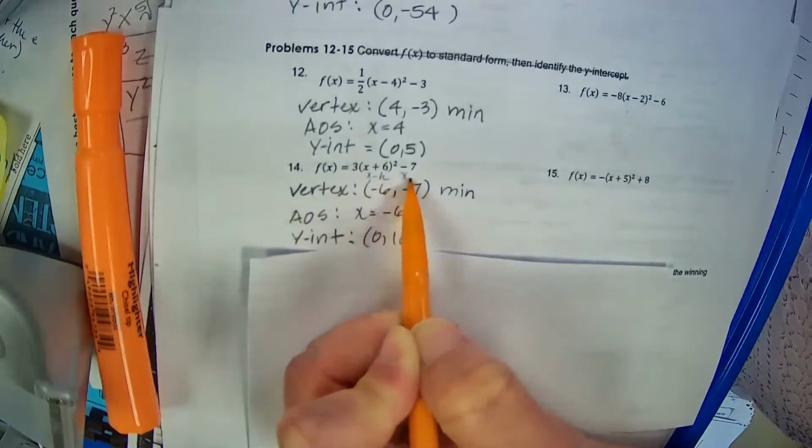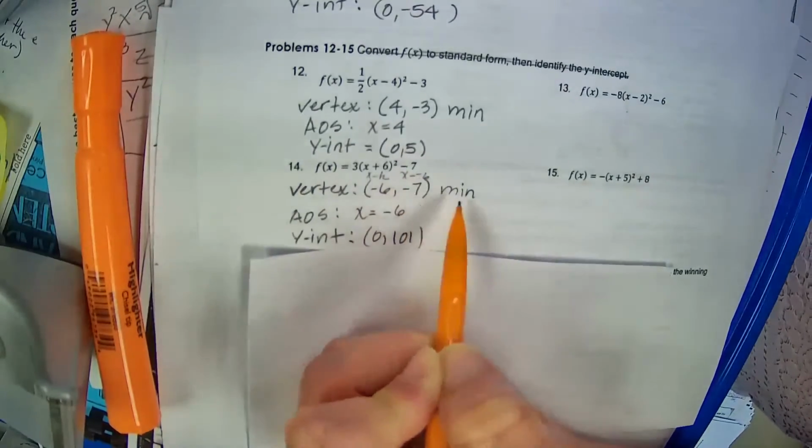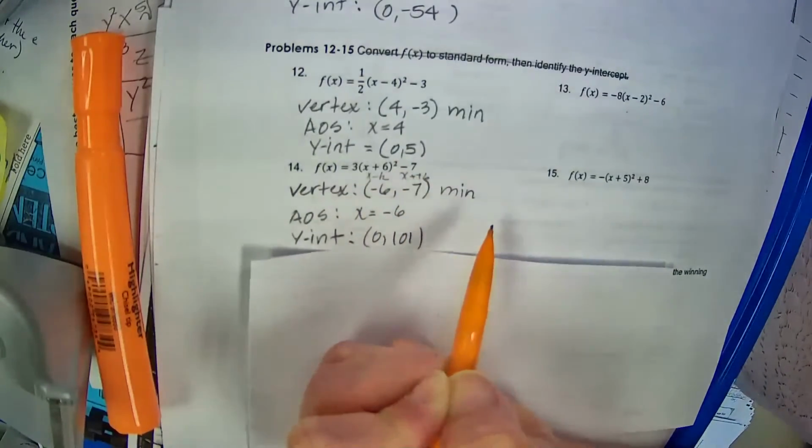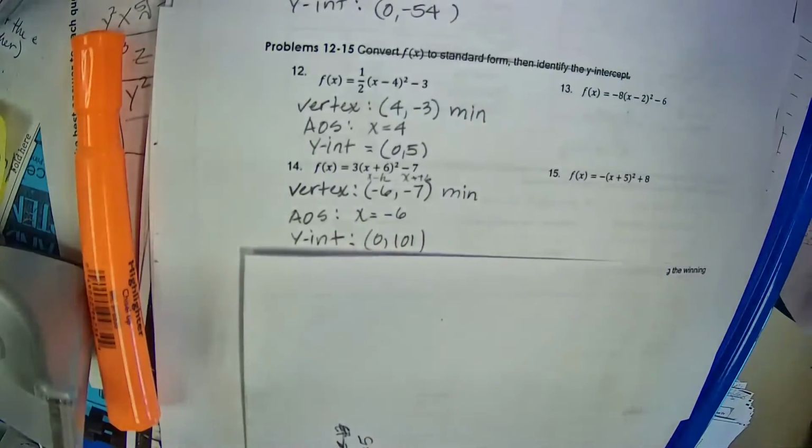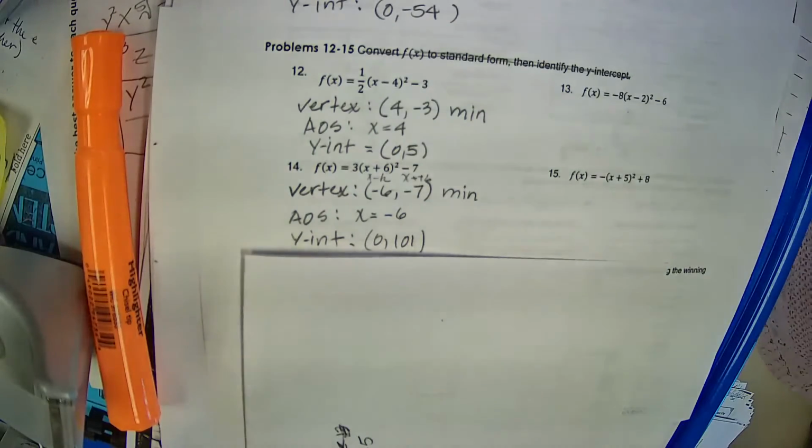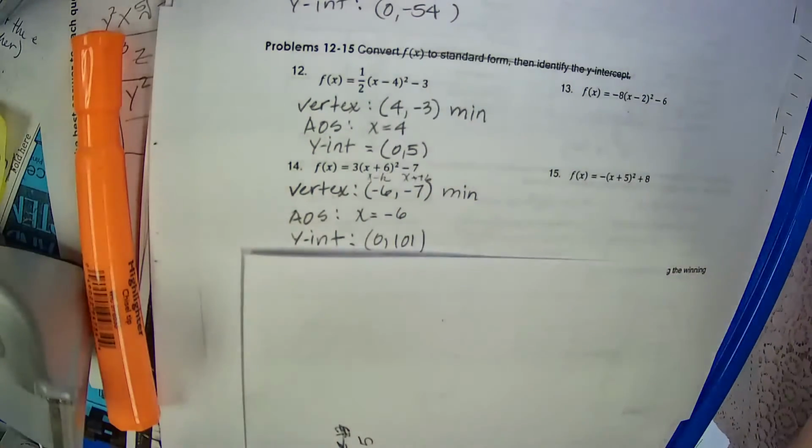So if it's x minus a negative 6, it goes positive. Oh, okay. You have to take the opposite of the sign even inside the parentheses? Opposite no matter what? Yes. Well, it's the opposite of b on the standard form, and then you take the opposite sign on the vertex form.